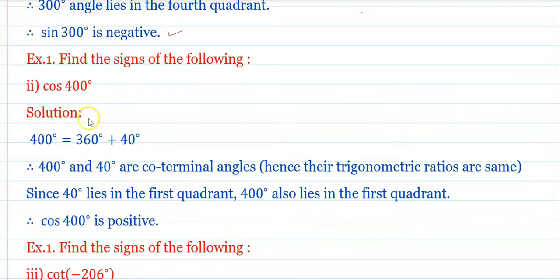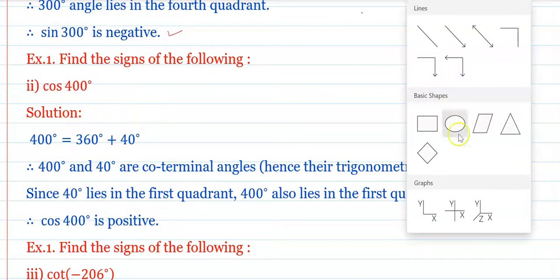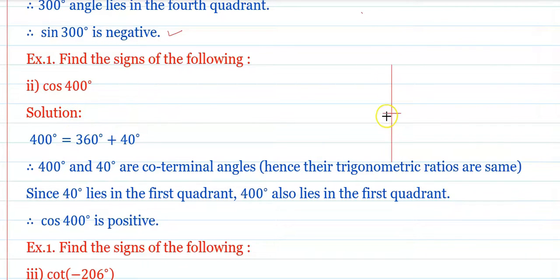Next, cos of 400. Again the trigonometry like this. Cos of 400 means what? This is the 180 and next is 360. And if we add again the 40, here it is. And therefore this terminal ray lies in the first quadrant.